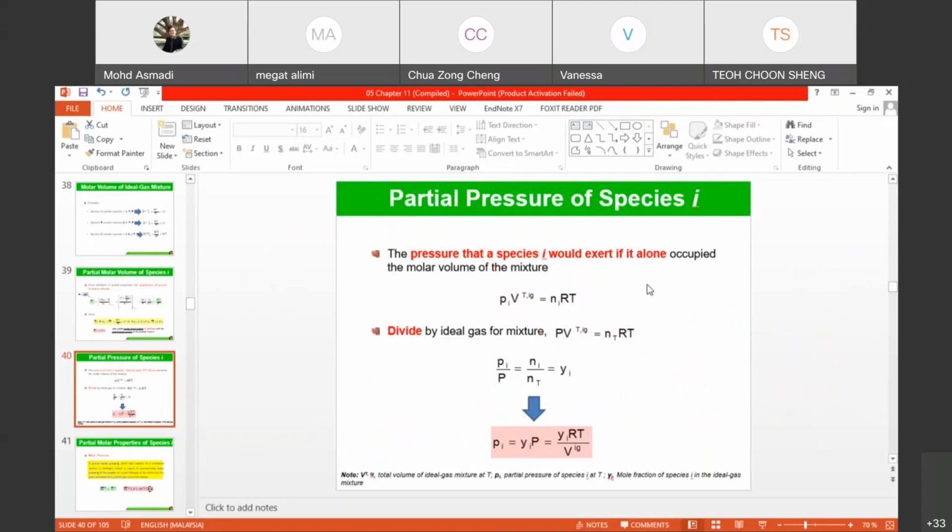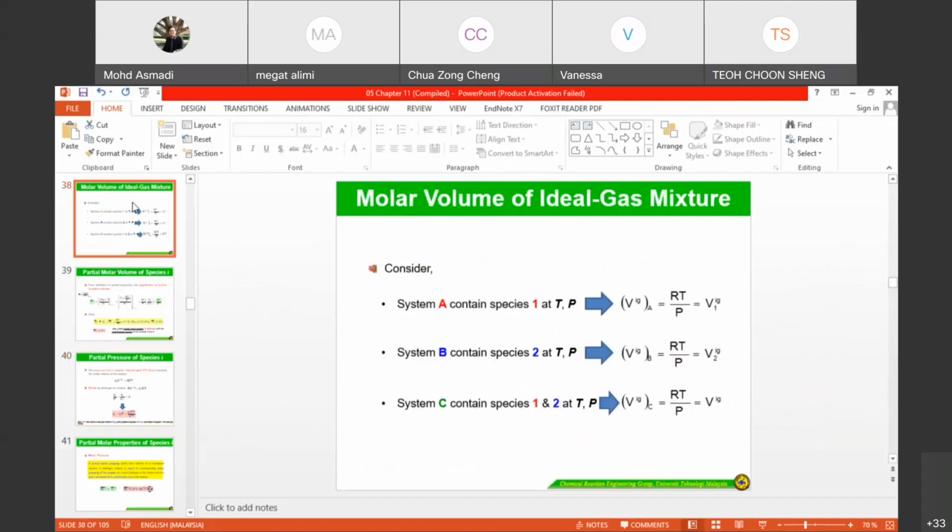Okay, so how about the volumes? For molar volumes, you have systems A, B, and also C; for species 1 and 2, that one is for B, and the mixture C, 1 and 2.